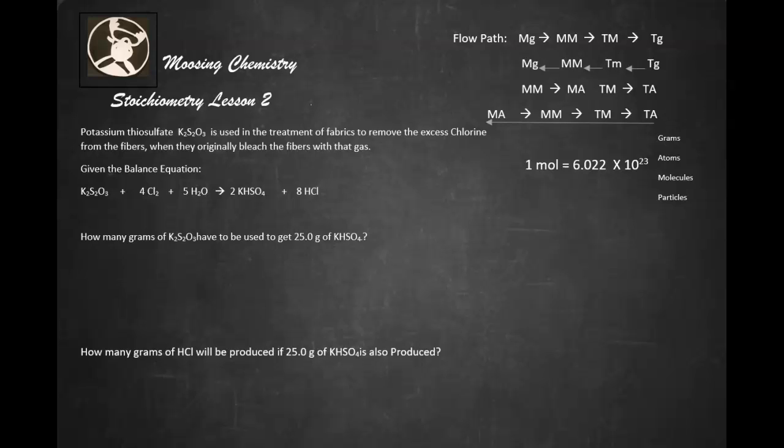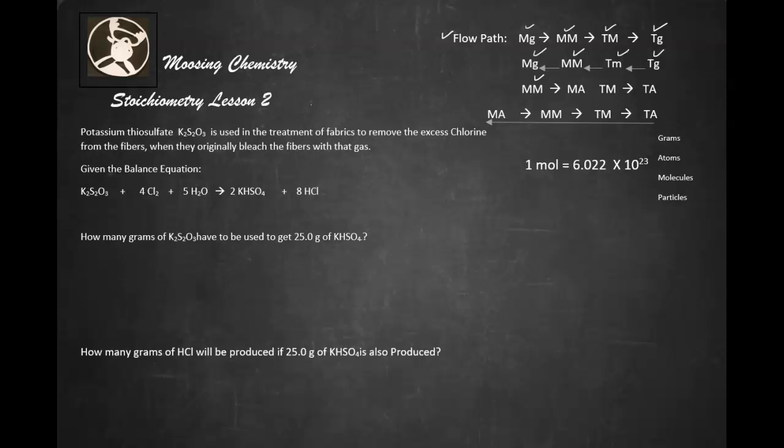Okay, when we do stoichiometry, we're converting one substance basically into another, and we have a certain kind of flow paths. Like this is my grams to my moles to their moles to their grams. Or you could go backwards, their grams to their moles to my moles to my grams.